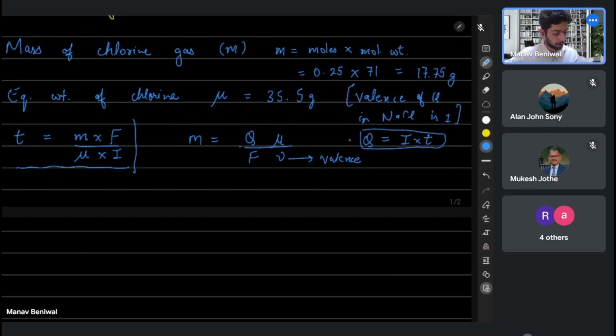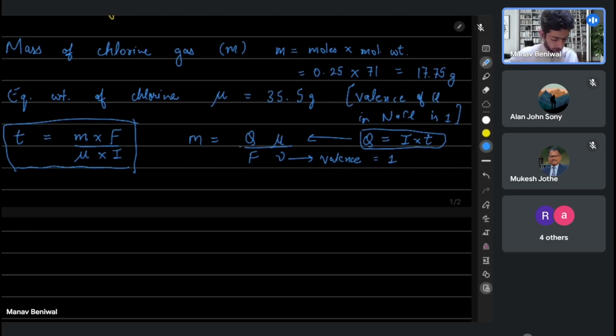If I put this in this equation, then I get this formula for time. Yes? And here valency is simply 1 in this case for chlorine, right? Now we can plug in the values.